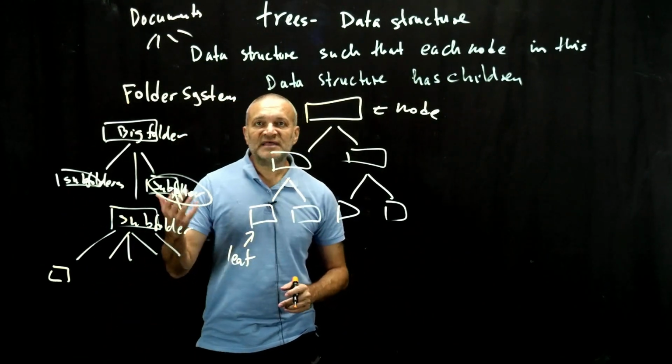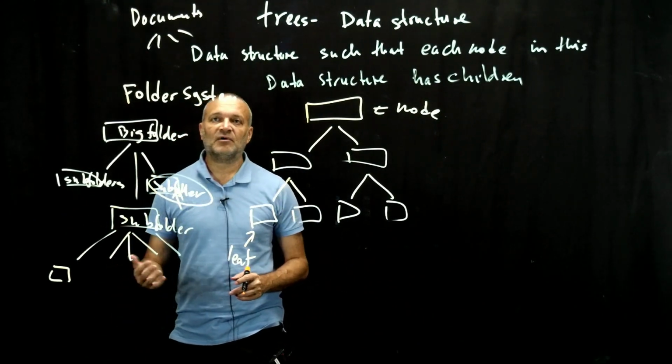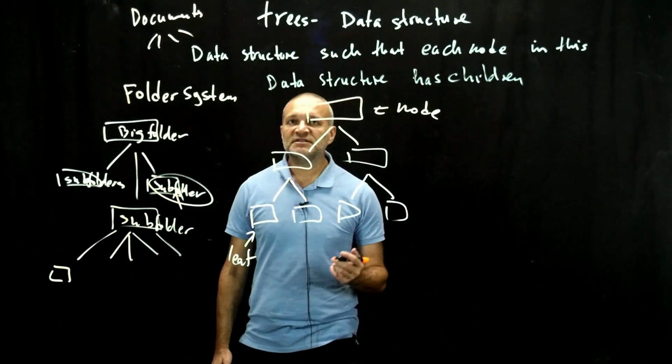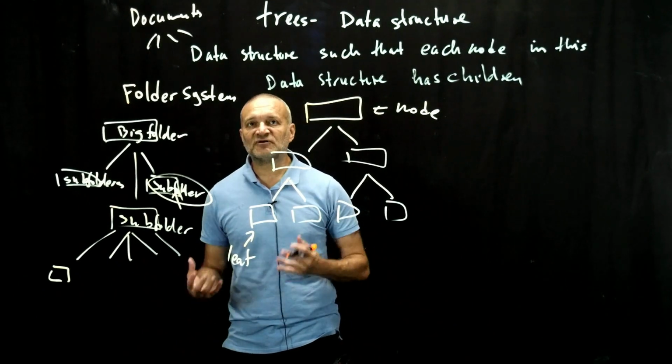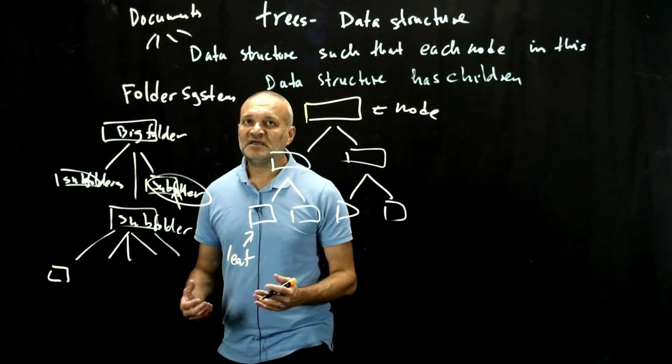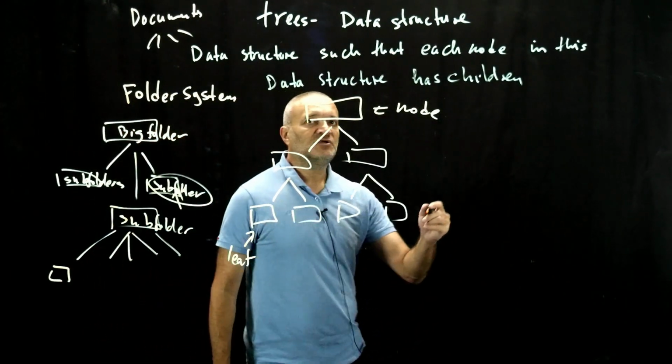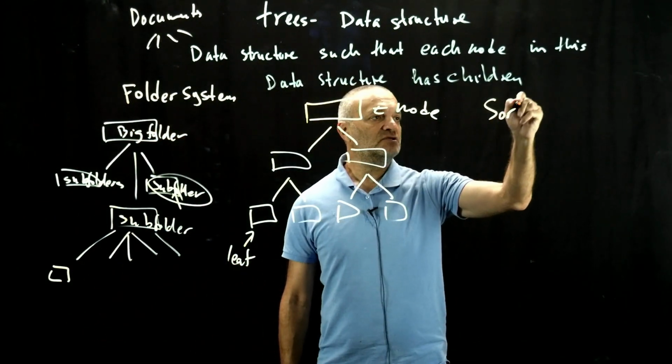Now, why is a data structure like this useful? Because you can use it to do a lot of stuff with the data in a very rapid way. For example, you have sorting algorithms using this.